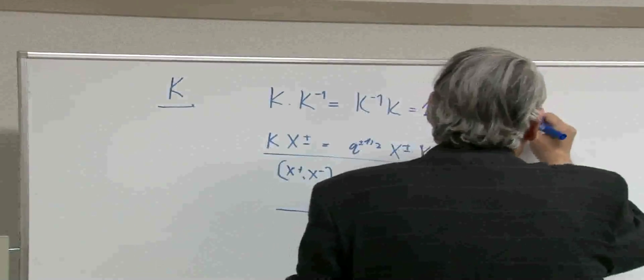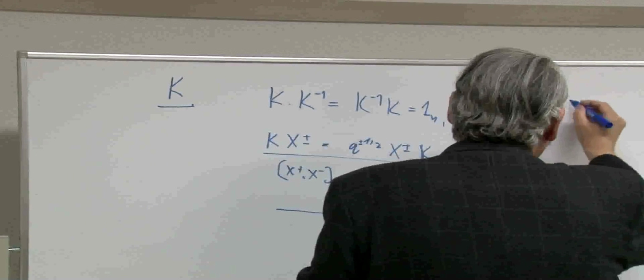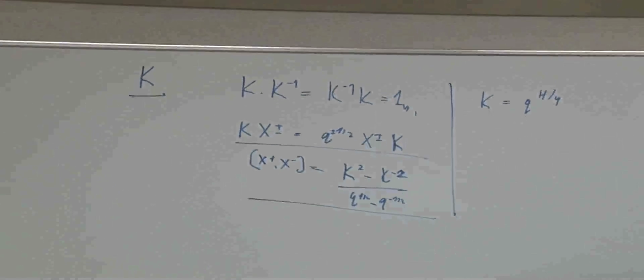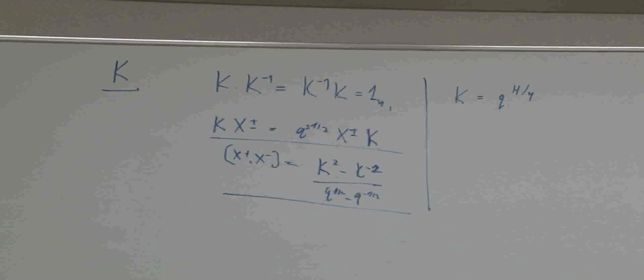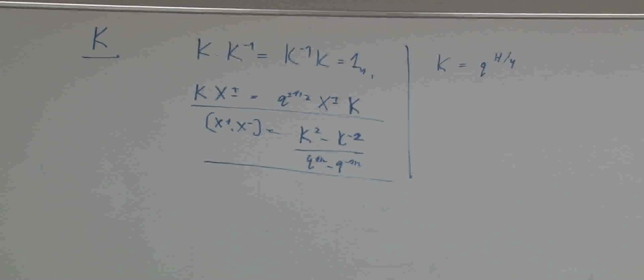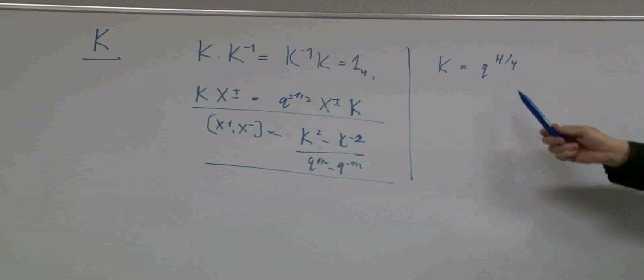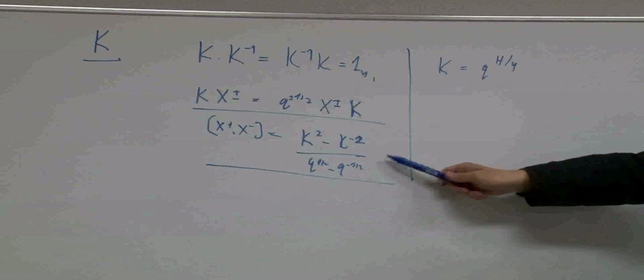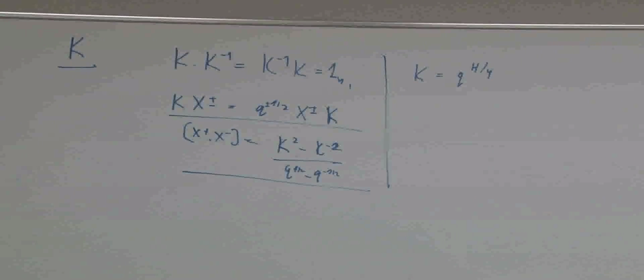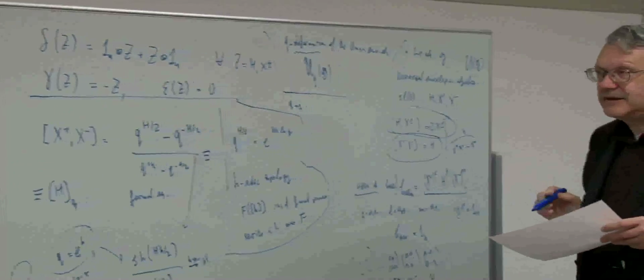Suppose formally you say that q is equal to k to h over 4. So if I want to pass from the picture of Jimbo to this formal picture of Drinfeld, I just put q equal to q to the 1/2 h over 4, and then immediately you see that from here I go to here. And also the other relations, k with x plus minus, immediately go to the standard thing. So that's why the two things are related.